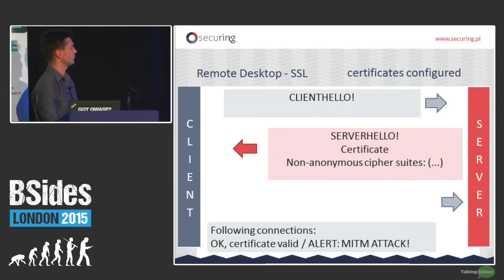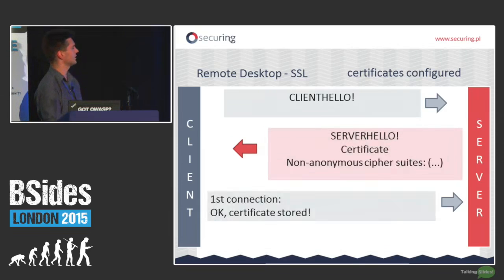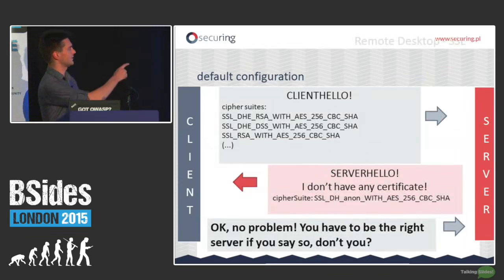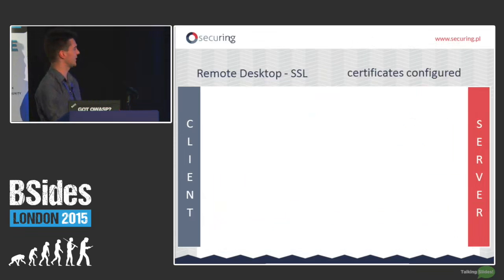Well, what we did was try not to do this the way the server wanted, but to be backward compatible with the first version. So even though the server sends non-anonymous suites, we tried to connect with no certificate.